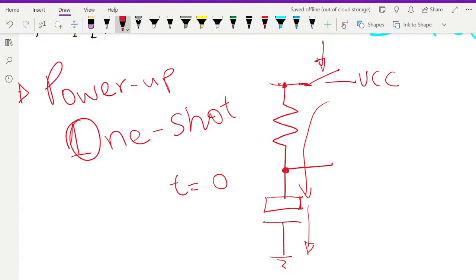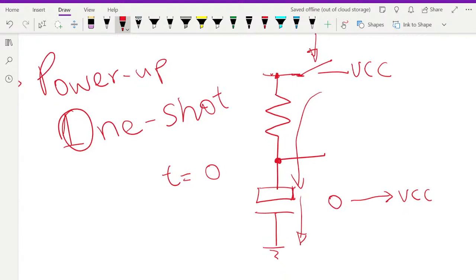But why does it short momentarily? The moment you provide power, there is a jitter because it builds up from 0 to VCC. It doesn't do that instantly. It takes time to build. So the value is determined by RC. The time it takes is determined by RC, resistor times capacitor.